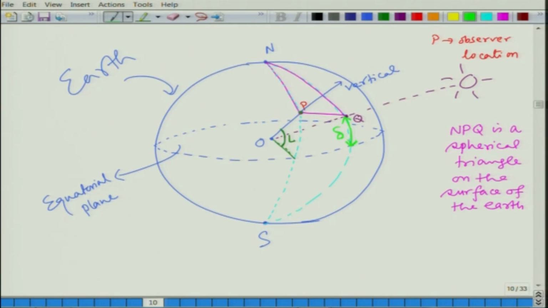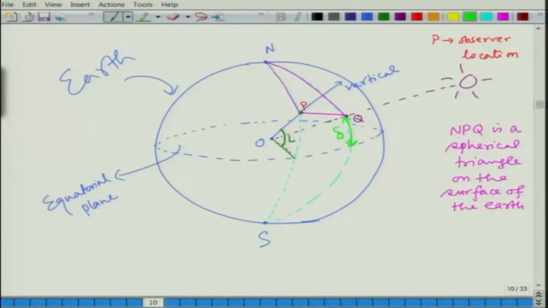And the angle between the meridians, one meridian is going through the observer and the other meridian is going where the sun is radiating normally, that means Q, that angle between these two meridians is our hour angle, right, omega. So, few of these angles we have directly determined.